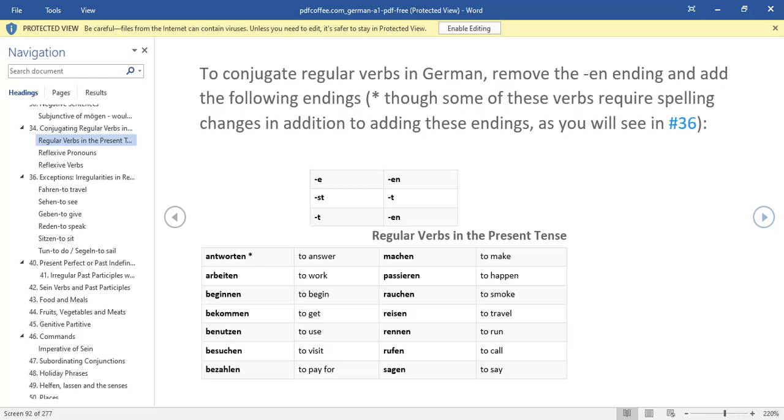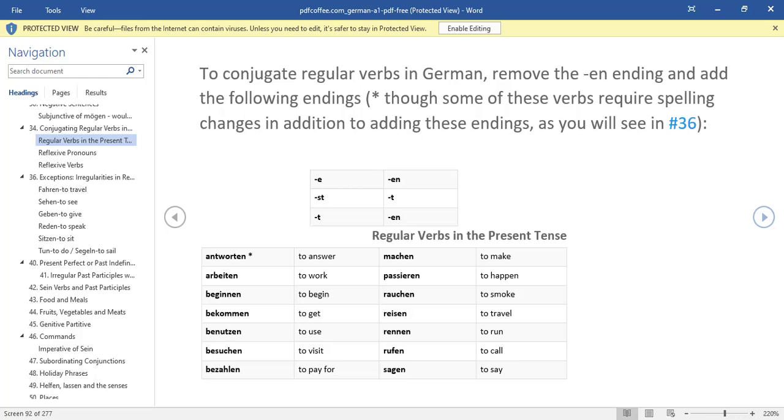Bezahlen, to pay. Ich bezahle für das Rindersteak. I pay for the Rindersteak. Rindersteak is meat, beef. So I'll say, ich bezahle, du bezahlst. Er, sie, es bezahlt. Wir bezahlen, ihr bezahlt, sie bezahlen.